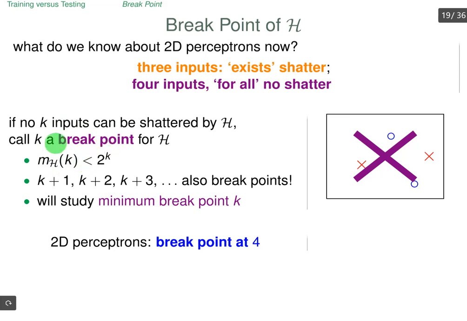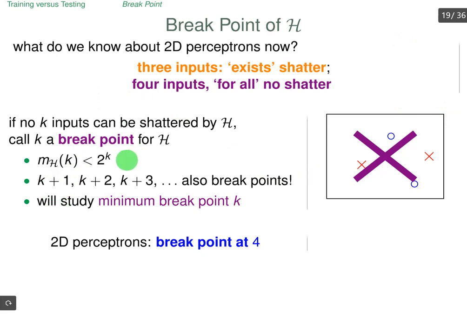Now k defines the breakpoint, not 2 to the n, but 2 to the k. We are further trying to minimize m, the total number of hypotheses, by taking this breakpoint into account. Then k plus 1, k plus 2, 3 are also called breakpoints. So perceptrons cannot shatter 4 inputs, and they definitely cannot shatter 5, 6 or 7 inputs.